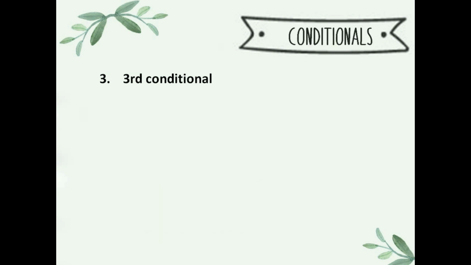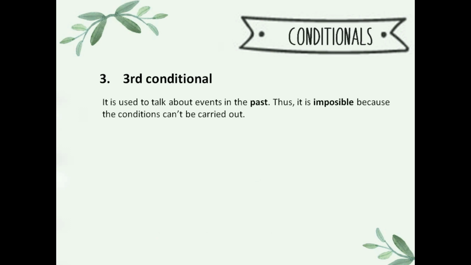Last but not least, we arrived at our last conditional. It is the third conditional, and in this case, it is used to talk about events in the past. Thus, it is impossible because the conditions can't be carried out. We also know this conditional as the impossible conditional. And in this case, the tenses are a little bit more complicated, so I normally recommend people to take a look at the examples and learn the examples to picture this conditional more clearly in their minds.